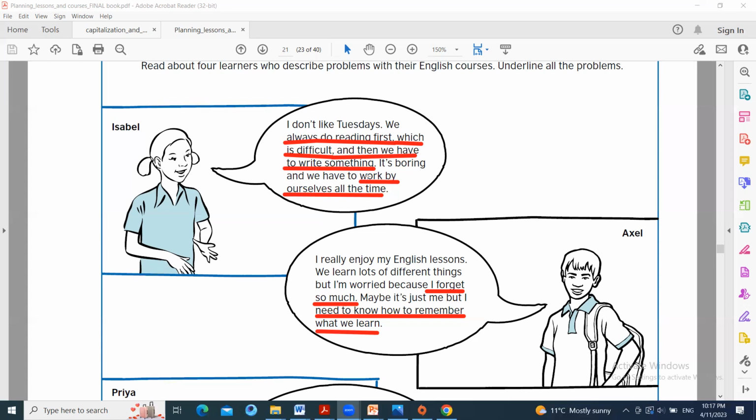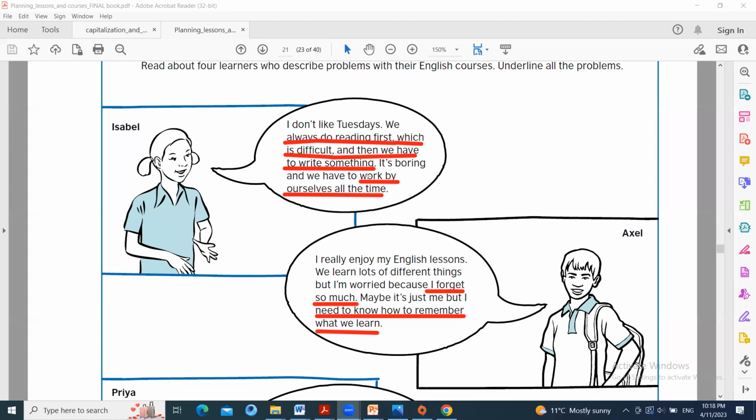Also, Axel's teacher can plan lessons so that they link to each other. For example, teaching vocabulary in one lesson that learners might use in speaking or writing in the next lesson, or listening to something that learners will write about in the next lesson.